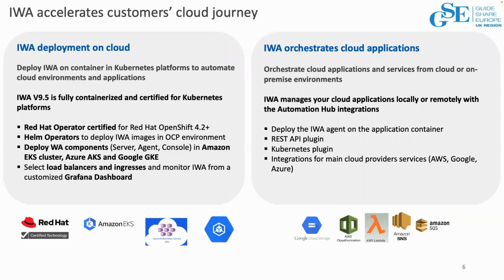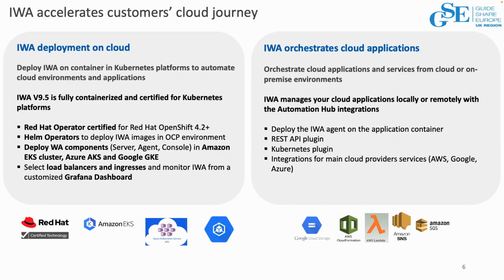And how can you manage those applications remotely? By using some of our plugins. We have the Automation Hub, I will talk about that in a moment, in the next slide, where we publish all our integrations.